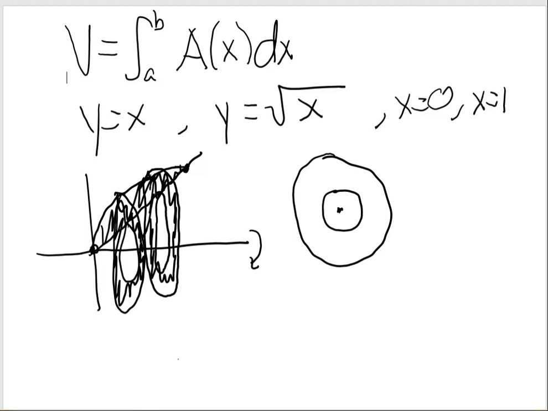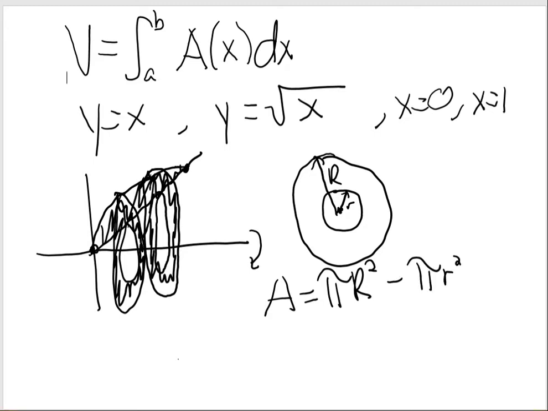From the center, you have your first radius, little r, and then you have your second radius, big R. And the area of this thing is going to be pi R squared minus pi little r squared, or pi times R squared minus little r squared.